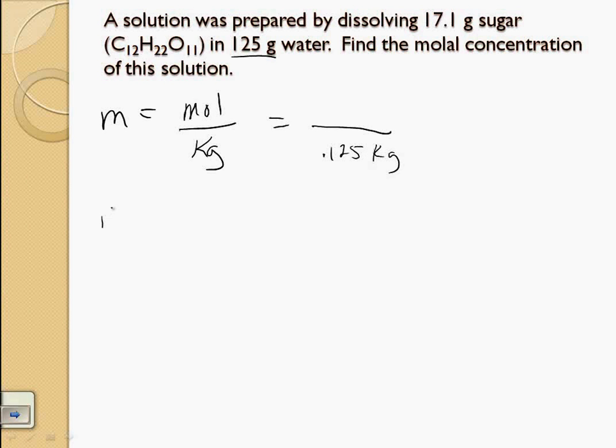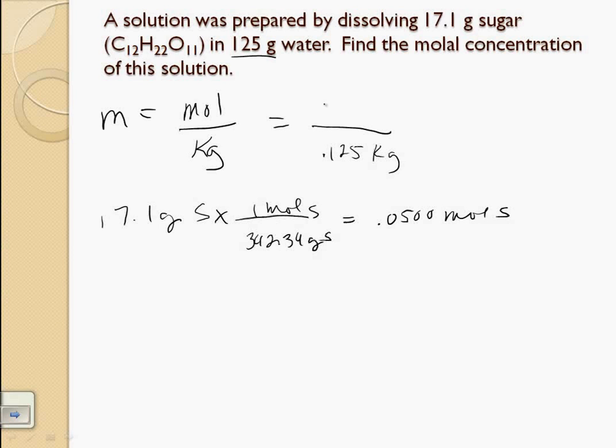Okay, so let's find the number of moles, 17.1 grams, and I'm just going to call it sugar. I found the molar mass, which is 342.34 grams of sugar is 1 mole of sugar, and this gives us 0.0500 moles of sugar. I'm going to put that up here.